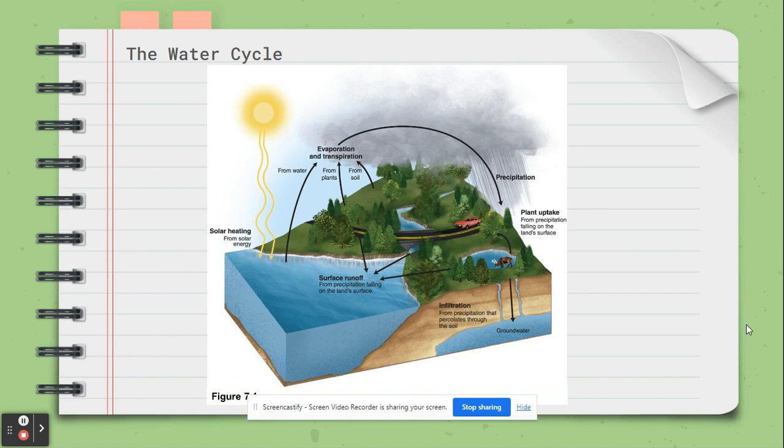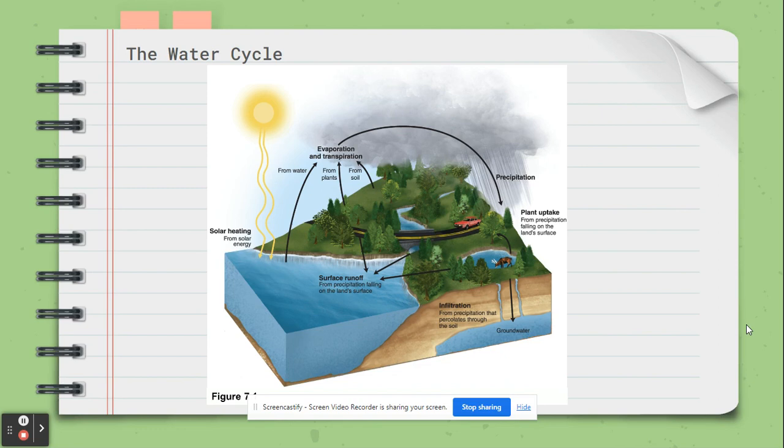Putting it all together, looking at our water cycle, remember what drives the water cycle is solar heating from the sun. We can see evaporation from any type of surface water or just the surface of the earth. We can see transpiration, which is evaporation from plants. That water winds up in the atmosphere.